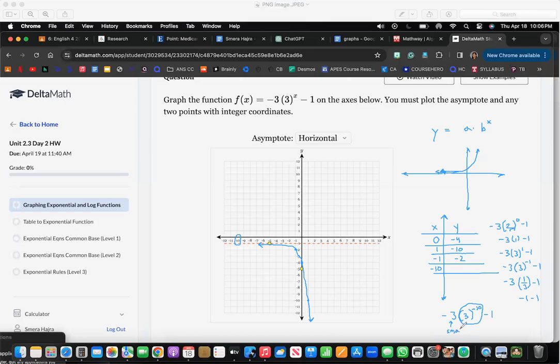Then you're going to have -1, which is almost equal to -1, just a little bit less than that. So that makes sense that it's never going to get above -1. Therefore, -1 is your asymptote. The asymptote is y equals -1.